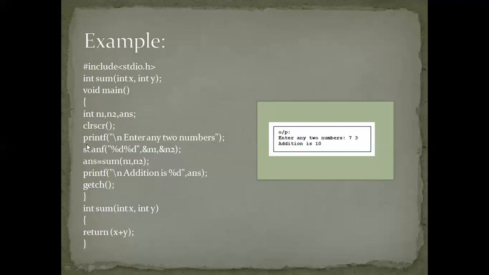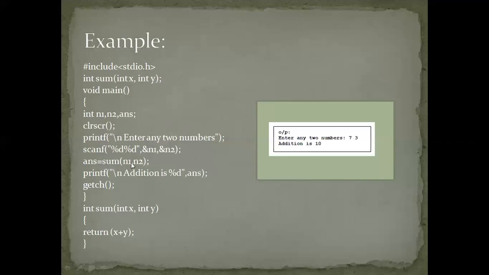This printf is required for enter any two numbers. So I need to read the numbers. Those two numbers I'm going to read from the scanf statement, ampersand n1 and ampersand n2. Why is this percentage d? Because I have declared them as integer data type. So here I'm going to call the function. What is the function name? That is sum.